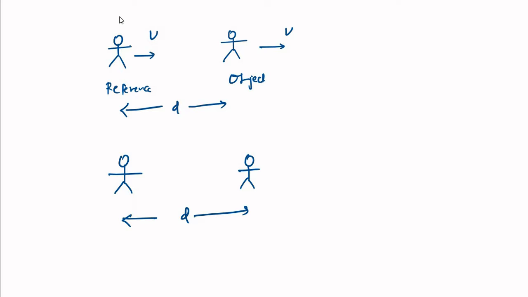Even though they are moving with the same velocity, the gap always stays the same, and it creates an illusion that they are at rest. So if the frame of reference and the object move with the same velocity, it creates an illusion of rest.